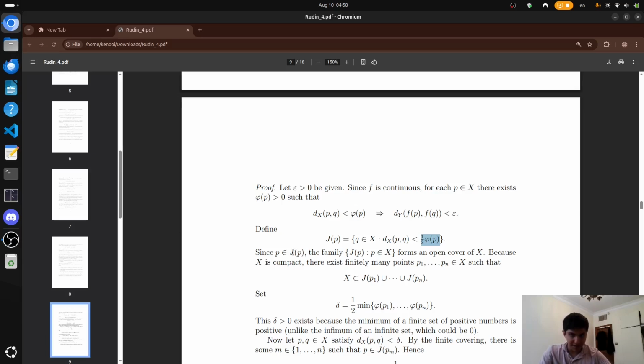And since p is in J(p), the family J(p), p in X, forms an open cover of X. Because X is compact, there exist finitely many points p1, ..., pn in X such that X is in J(p1) union all the way to J(pn).